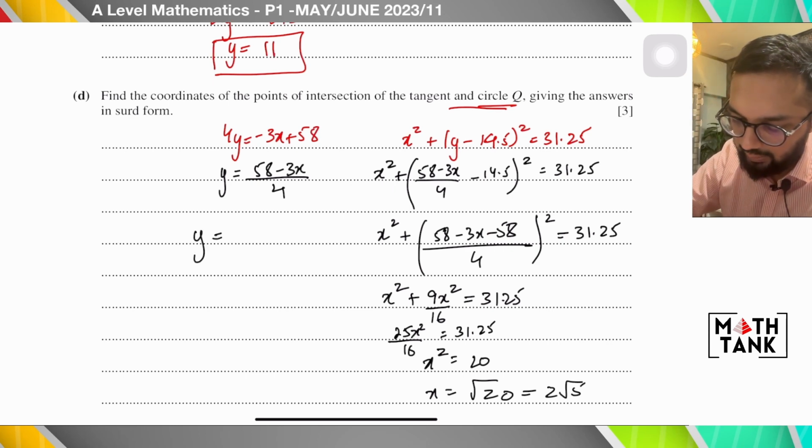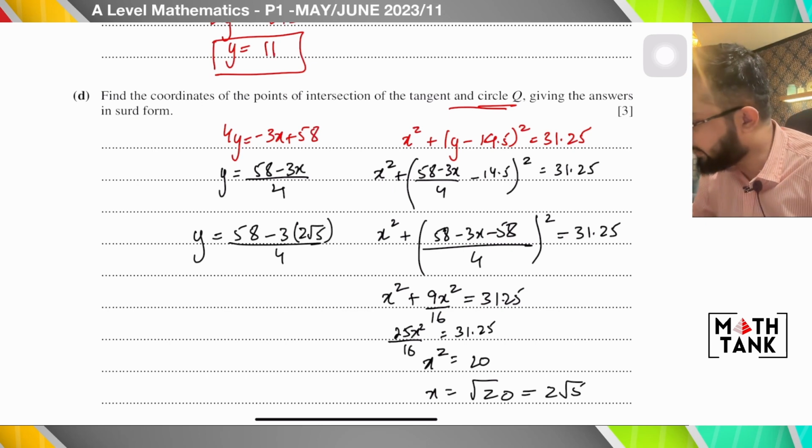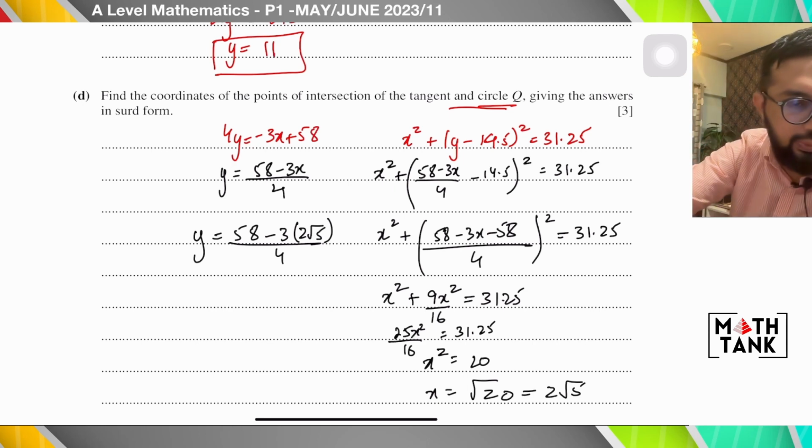So if x is 2 root 5, then y should be this. Let me calculate again to check that my calculator will give me a better answer. Yes, it says 29 minus 3 root 5 over 2.